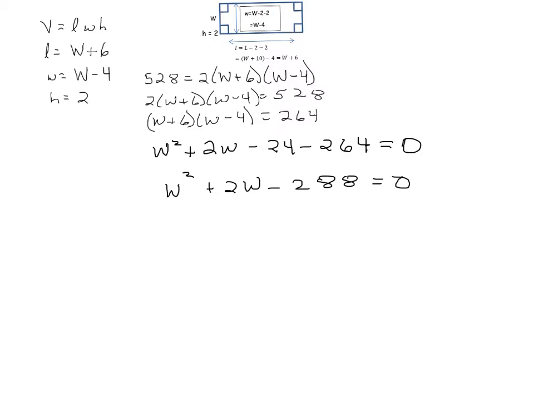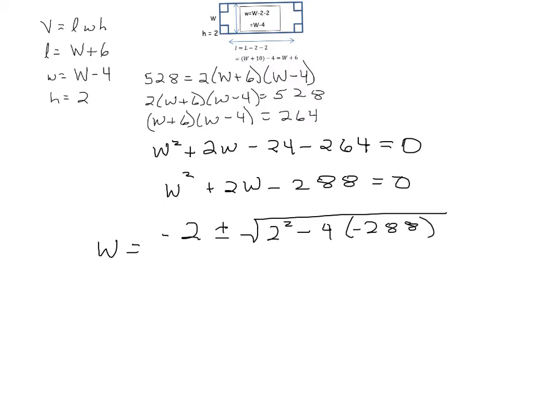So now we can apply our quadratic formula to find W. W equals negative b plus or minus the square root of b squared minus 4ac, all of that over 2a.